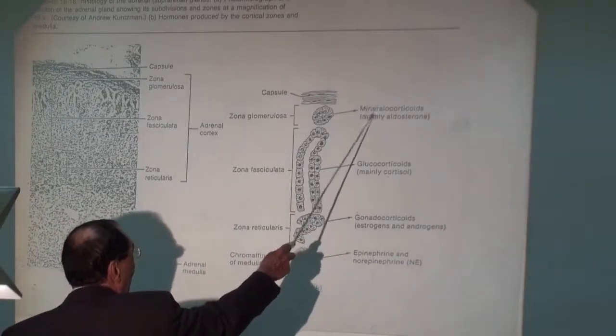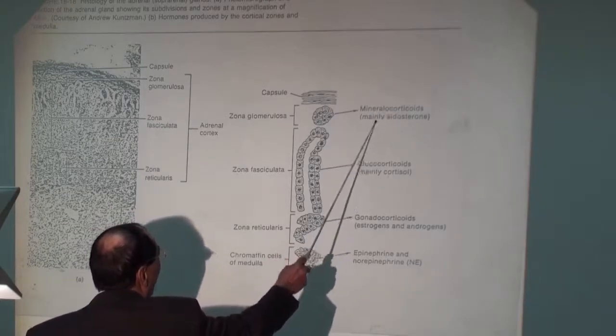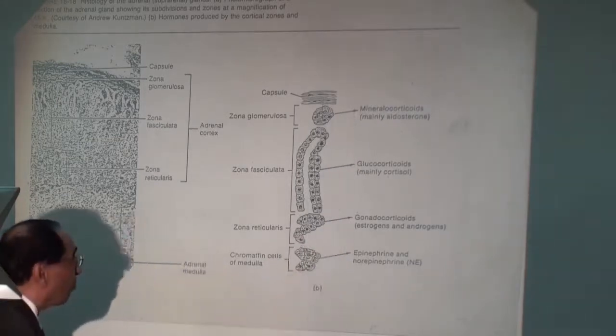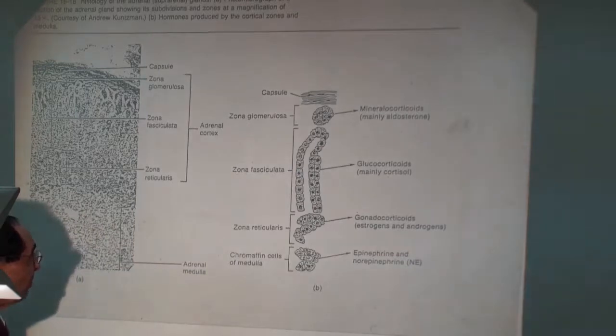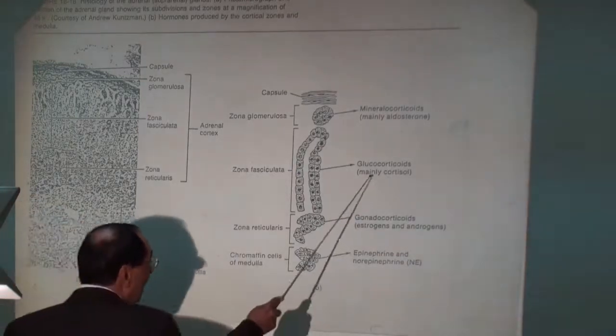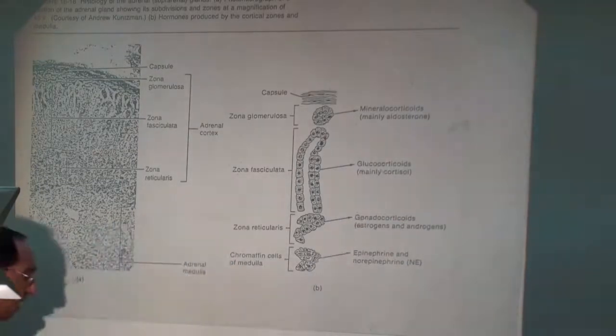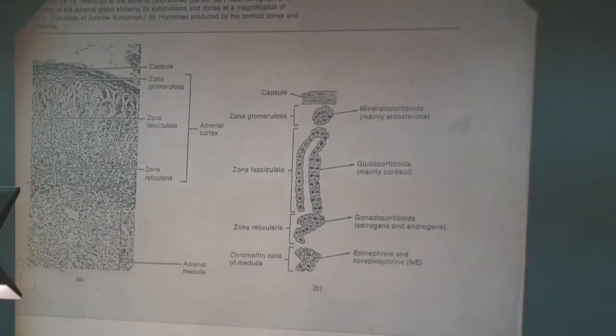You see, from the names you understand that the mineralocorticoids affect the mineral metabolism, sodium, calcium, etc., chloride. And from the name glucocorticoids, mainly cortisol, these hormones affect glucose metabolism.